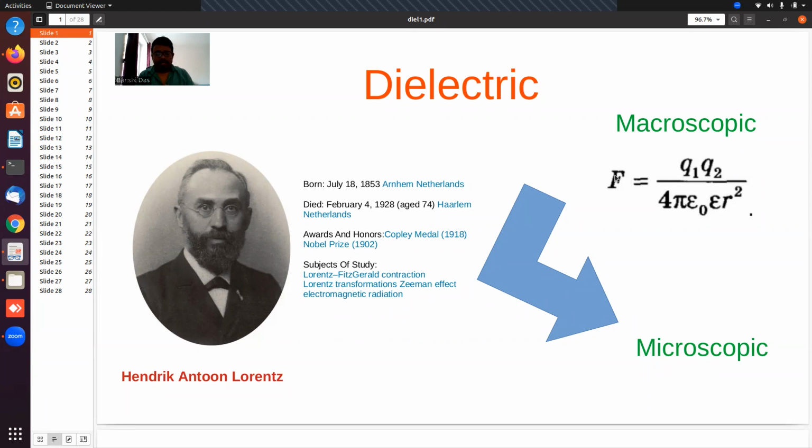So how do we deal with the electrostatic interaction for the material world? That is where Lorentz put a lot of contribution. Without him, today we would not have such nice experiments.